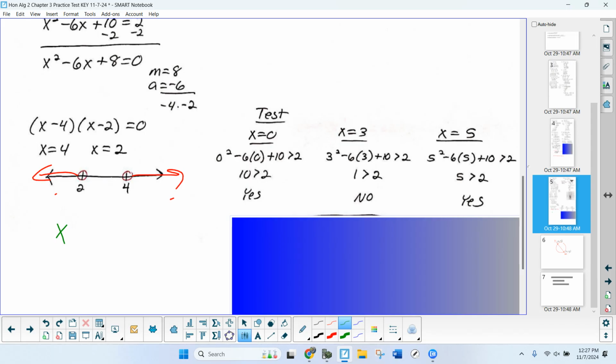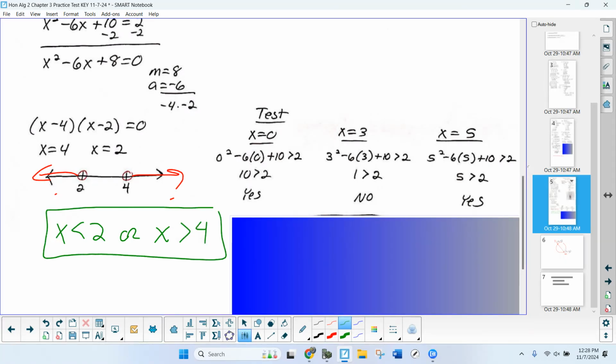X is everything less than 2, or x is everything greater than 4. Okay? If you read yours, x is what? Oh, yeah. Greater than. So that should be the other way around. Does that make sense? Okay.